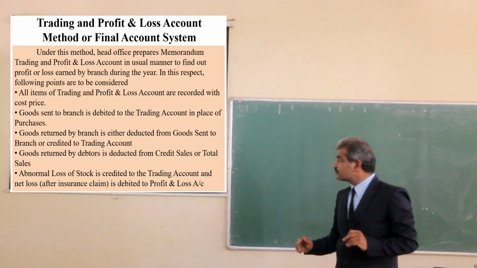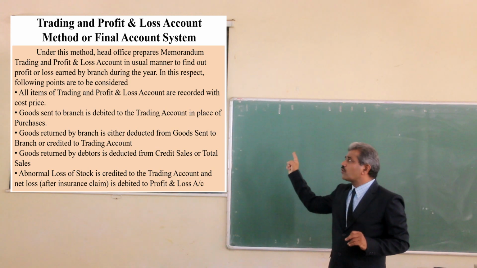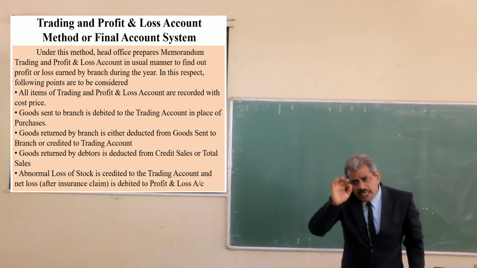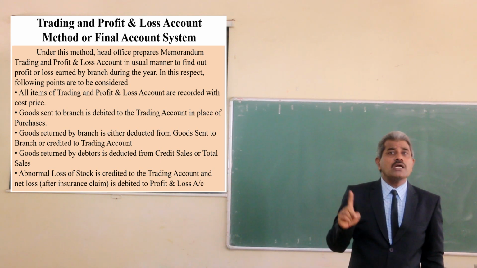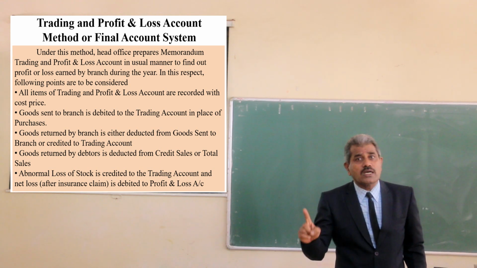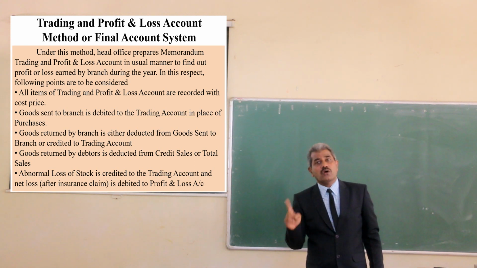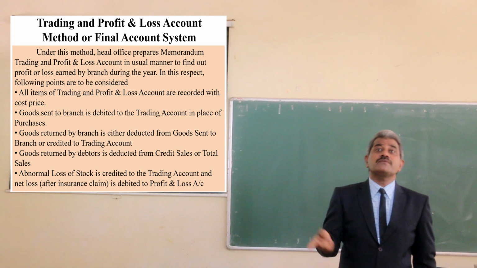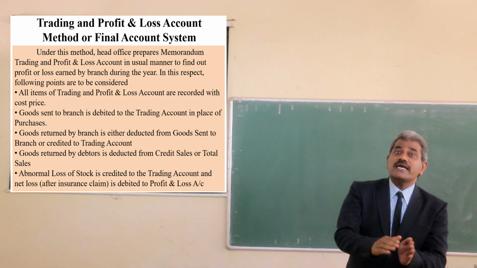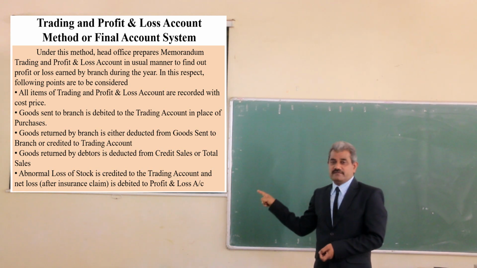One is that all items of the trading and profit and loss account are recorded at cost price. Very, very important: you have to record all goods items at cost price. If you have been provided the goods items at invoice price, then convert them into cost price and then record them.